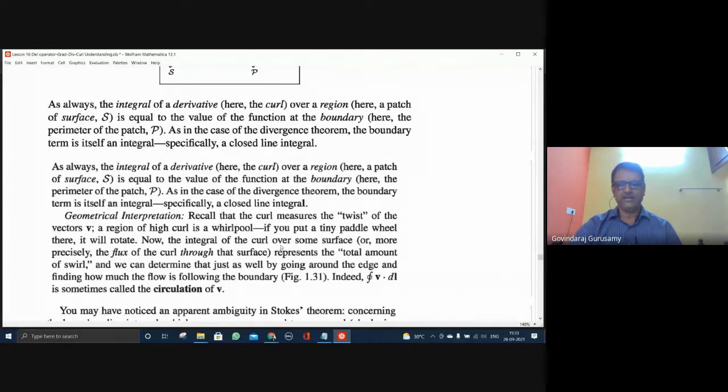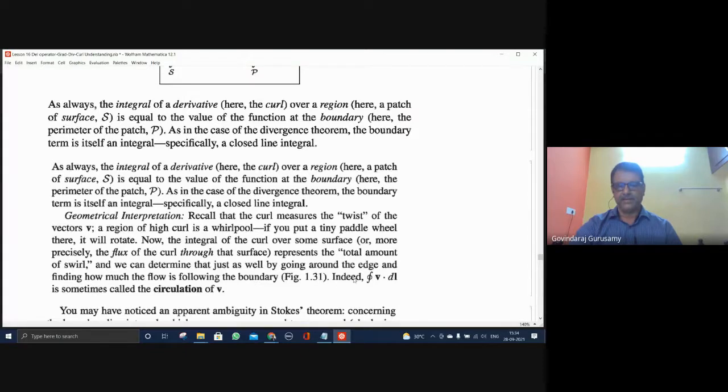Now the integral of a curl over some surface, or more precisely, the flux of a curl through that surface, represents the total amount of swirl. We can determine just as well by going around the edge and finding how much the flow is following the boundary.